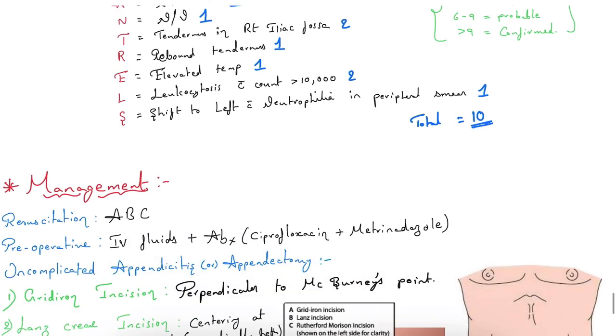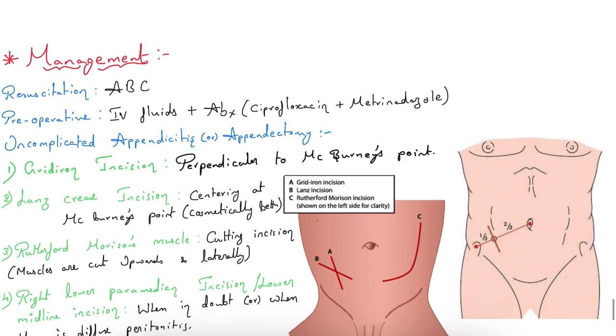Okay, so now how we can manage this appendicitis. As we discussed, we have some clinical features in the patient. The most common symptom is pain in the lower right part of the belly, but it may start near the umbilicus, paraumbilically, and then move to the right side.